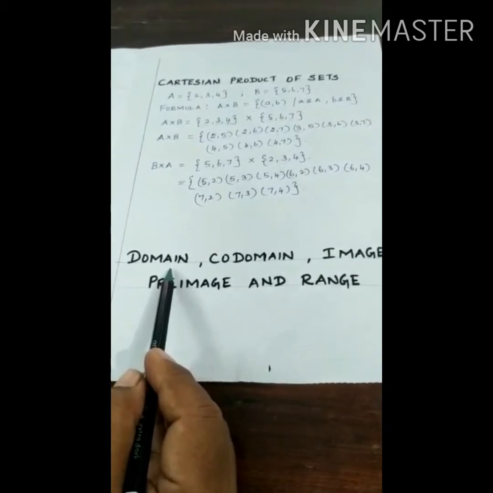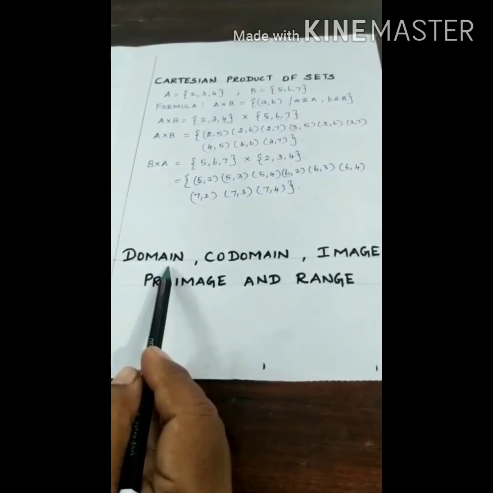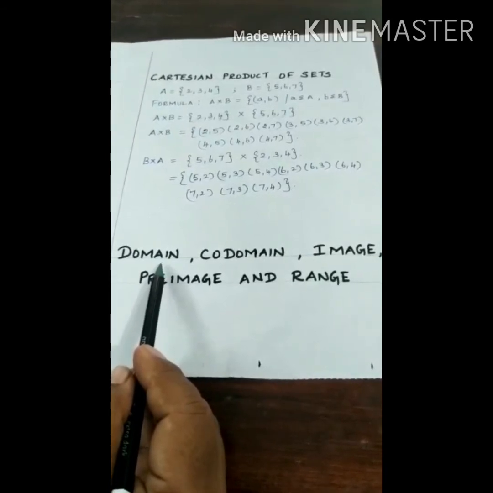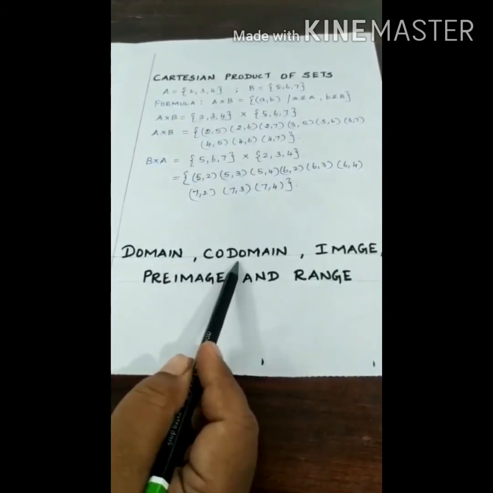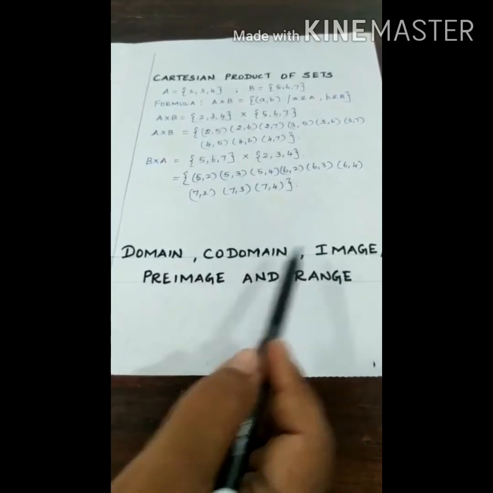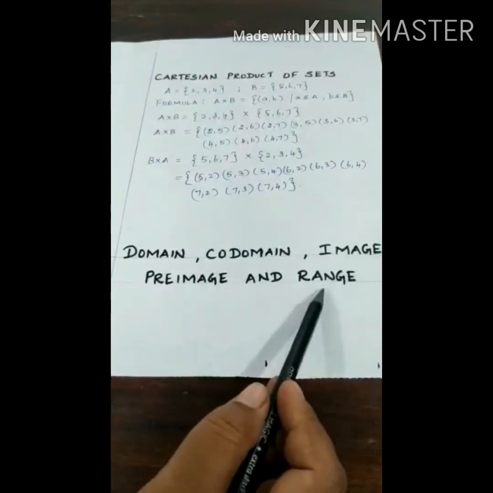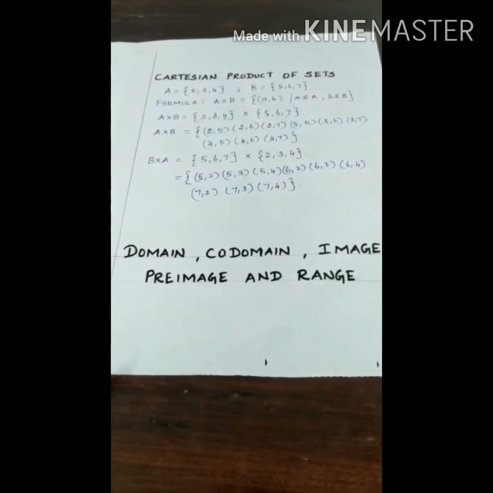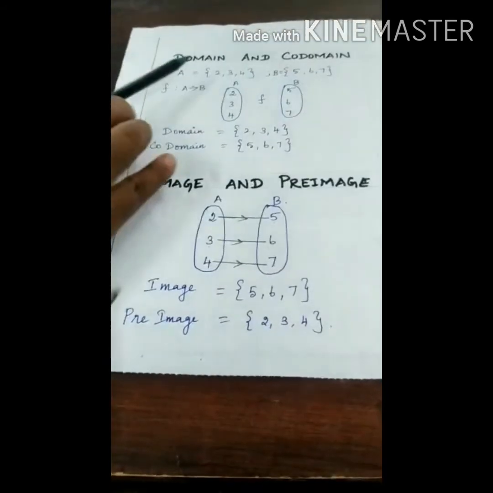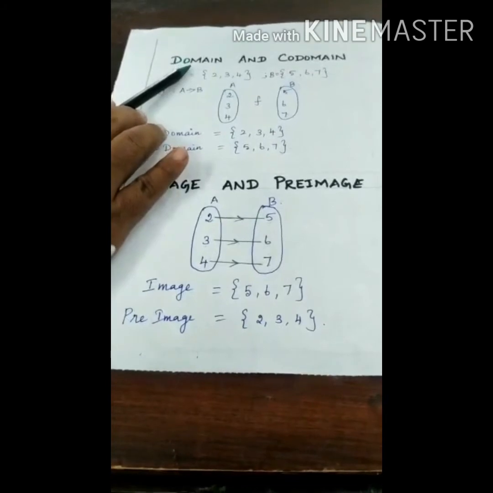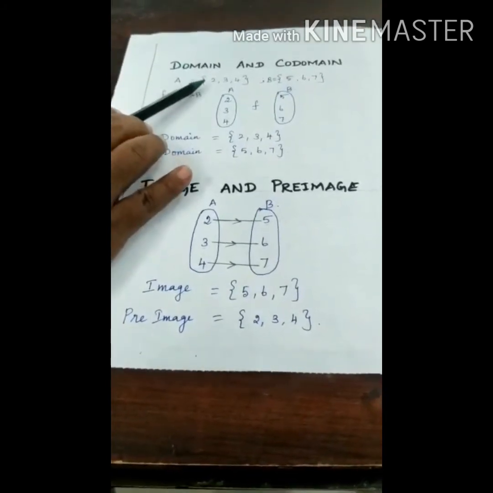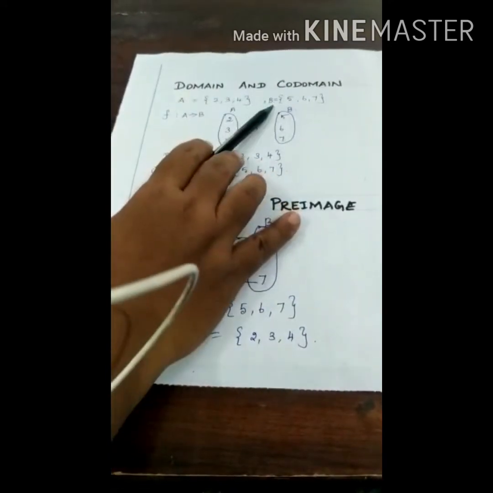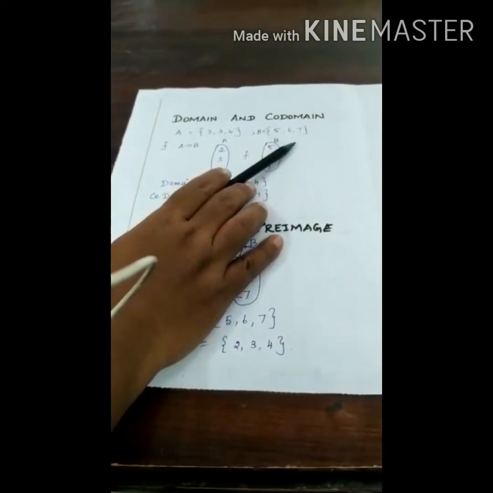In this chapter, relations and functions, we quite commonly come across a few terms like domain, codomain, image, pre-image and range. Now we are going to see what is domain and codomain. Let us consider A = {2, 3, 4} and B = {5, 6, 7}.